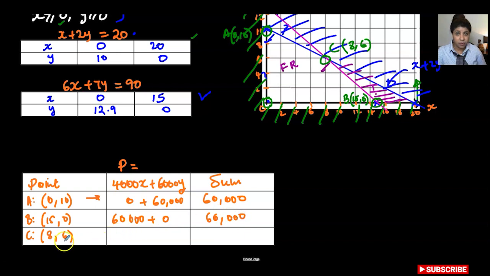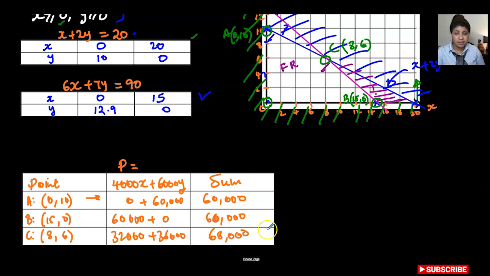And for point C over here, we put 8 times 4,000, so 8 times 4 is 32, and then we've got the 32,000, plus 6 times 6 is 36, and then we've got the 000. So 32,000 plus 36,000 will give you 68,000. By the way, this was 60,000.